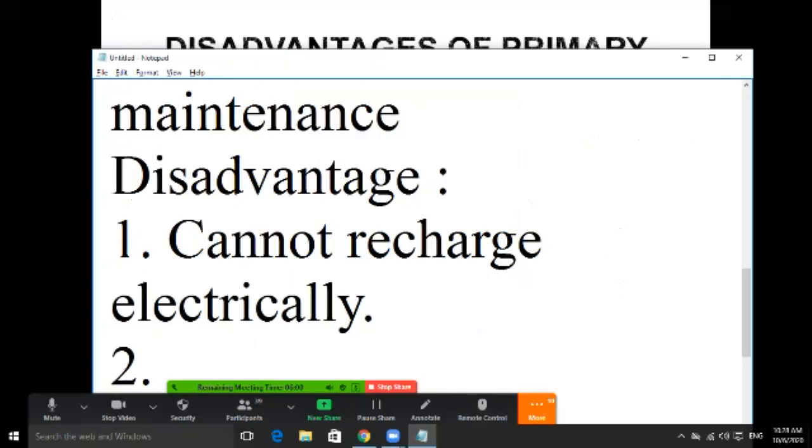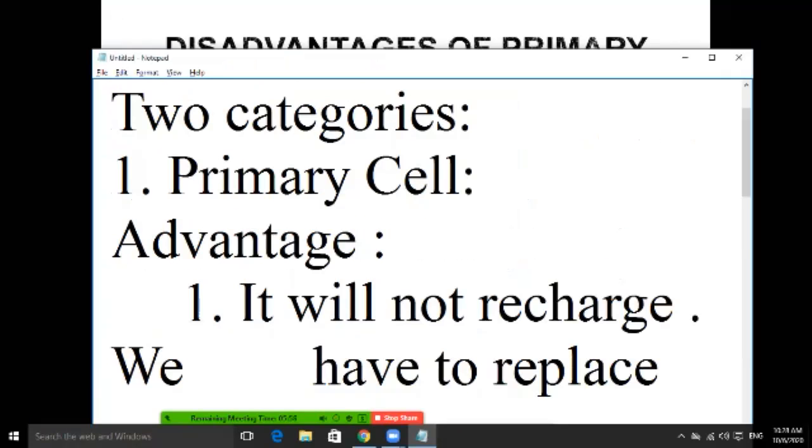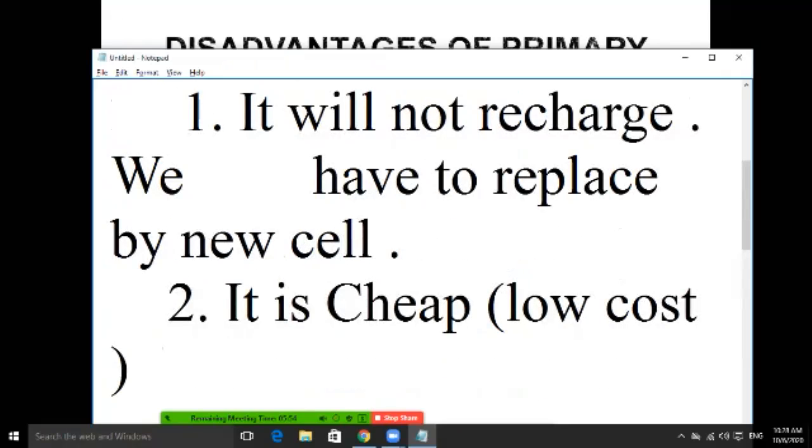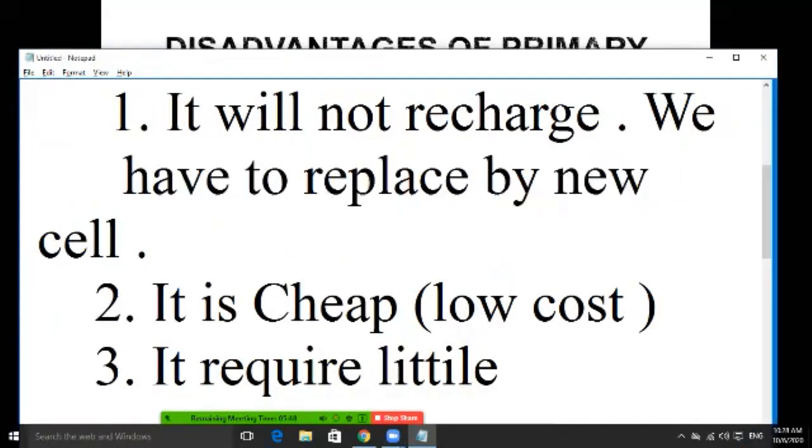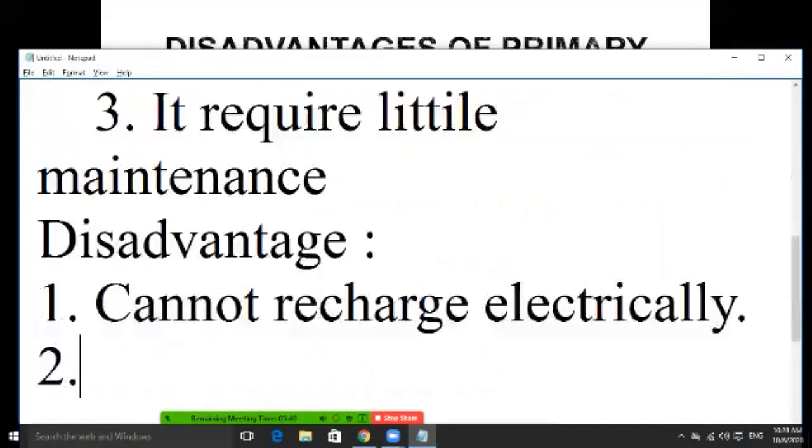So students, you have seen the advantages of the primary cell: it cannot be recharged, we have to replace it. Second point, it is cheap and low cost. Third point, it requires little maintenance.